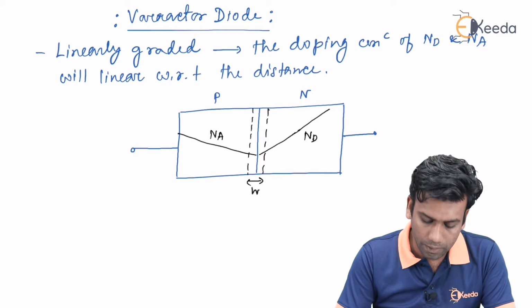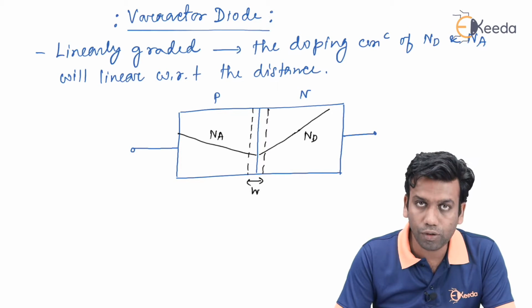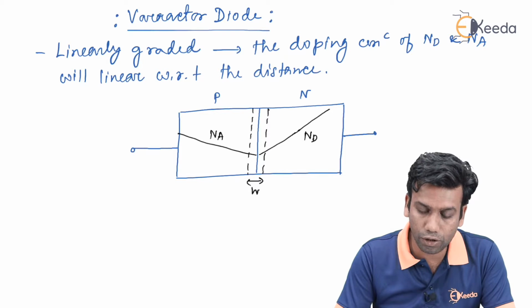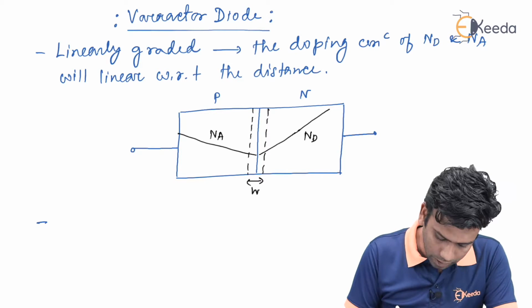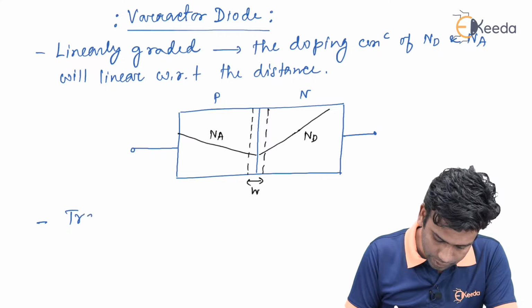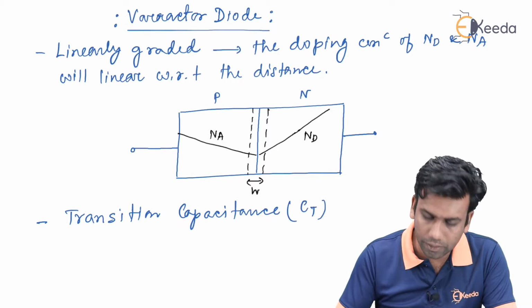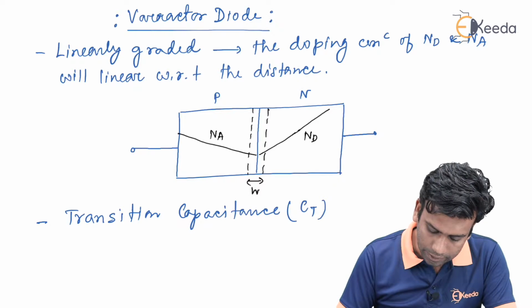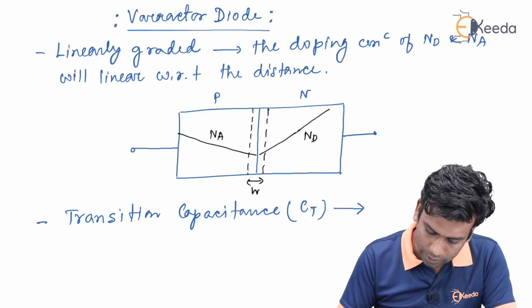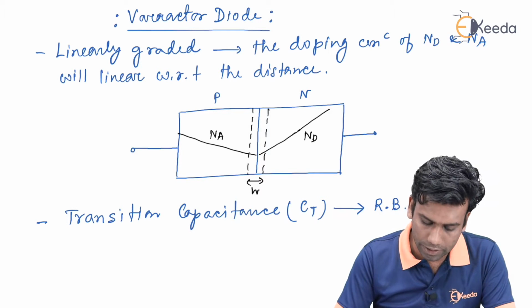The principle on which the Varactor diode will operate is the transition capacitance, that is Ct, and we know that this transition capacitance comes in the reverse bias mode of the diode.